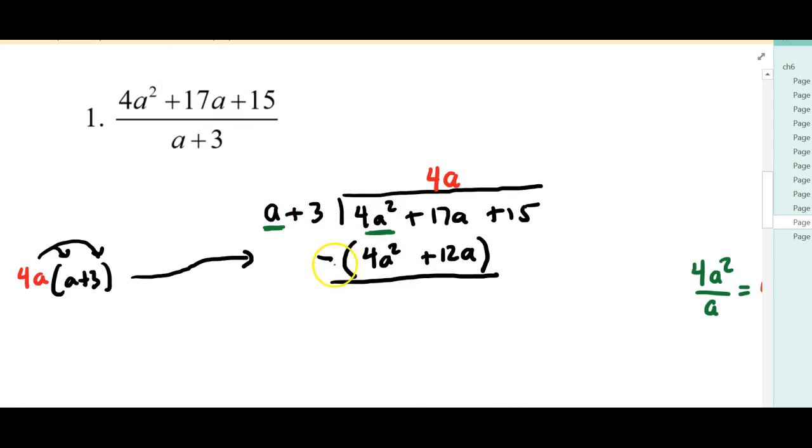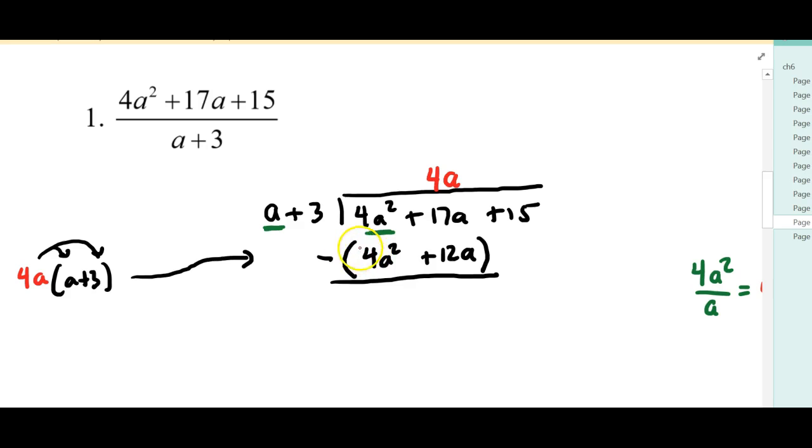Now, that negative on the outside, what is that going to do to these terms? Remember how we talked about it, like when we did subtraction of polynomials? There was a negative on the outside. What did that do to the second polynomial? You distribute it. It switches the signs. That's right. So I'm going to leave it as subtraction because in your notes you should have it as subtraction because it is subtraction.